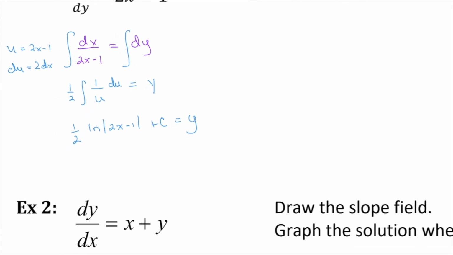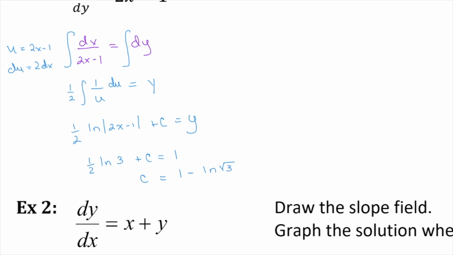So when x is equal to 2, the y value is equal to 1. 1/2 the natural log of, put in our 2, we're going to have 3, plus c is going to be equal to 1. And that tells us that c is going to be 1 minus, let's do the natural log, 3 to the 1/2 power, so that's the square root of 3.